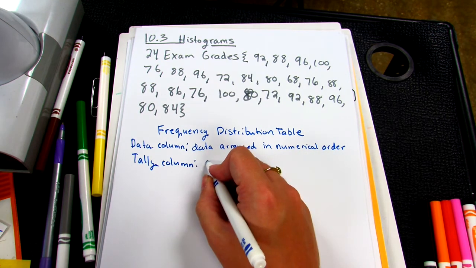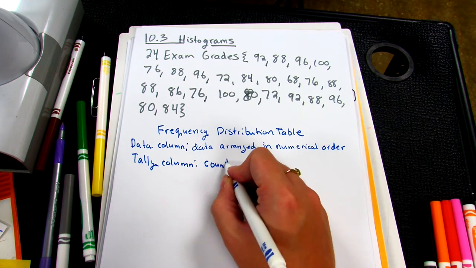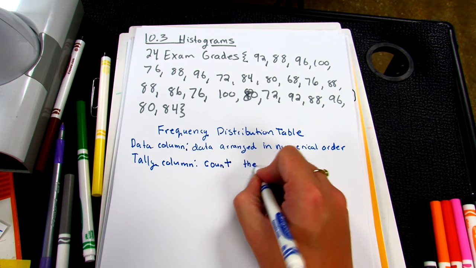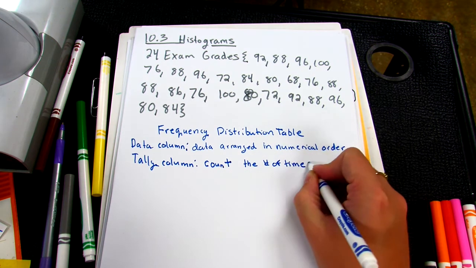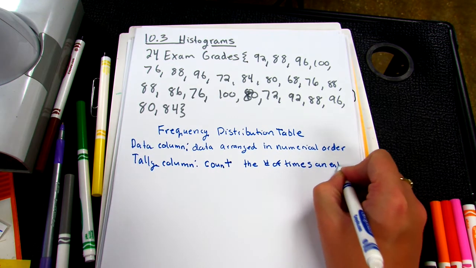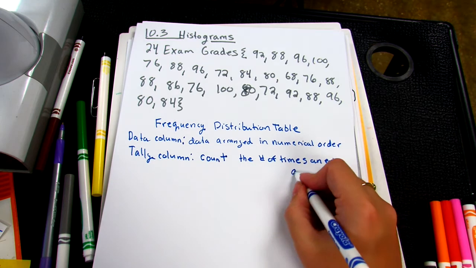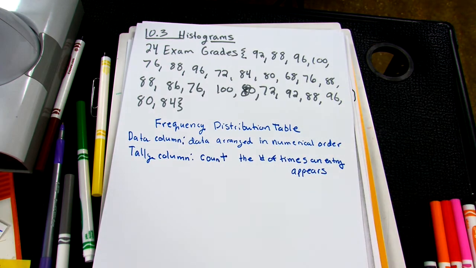The tally column counts the number of times an entry appears. All right, so the next column that we have is going to be the frequency column.